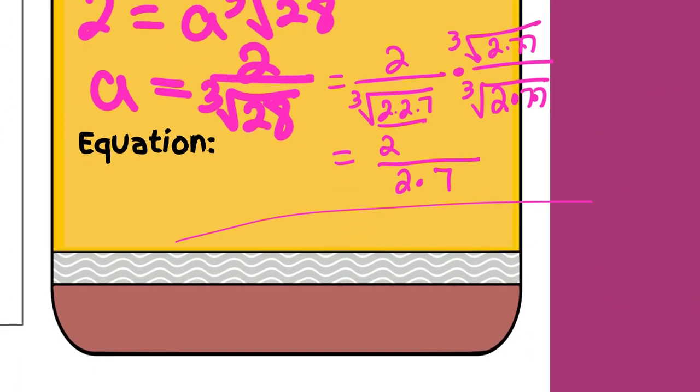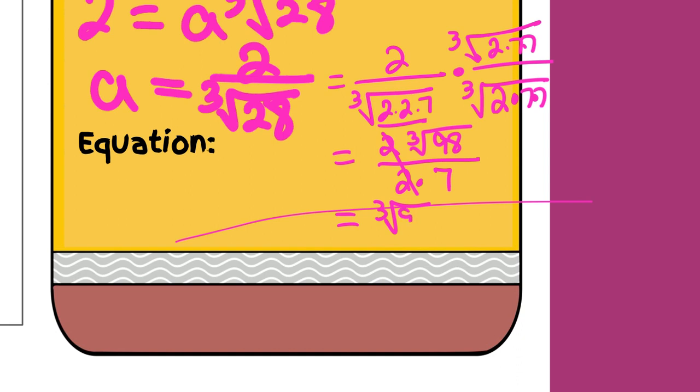So up here I got the cube root, and we got 7 squared times 2. On bottom, we got 14. Won't those 2 2's cancel out?